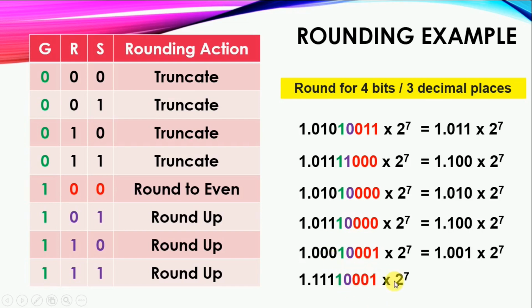In this case also, the guard bit is 1 and the combination is non-zero, so I add logic 1 at the LSB. This is the way we do rounding by considering the guard, round and sticky bits. Thank you.